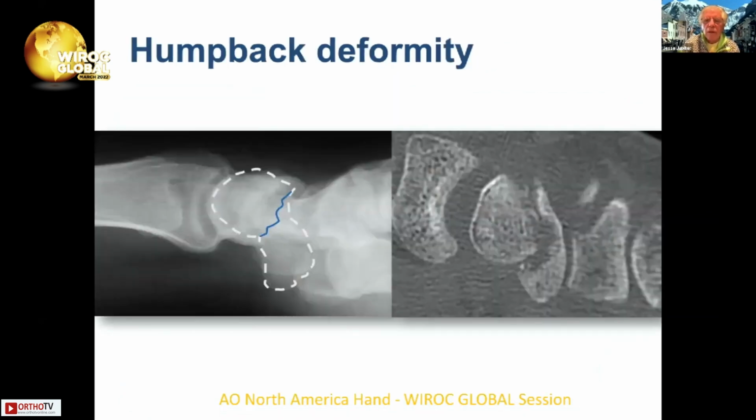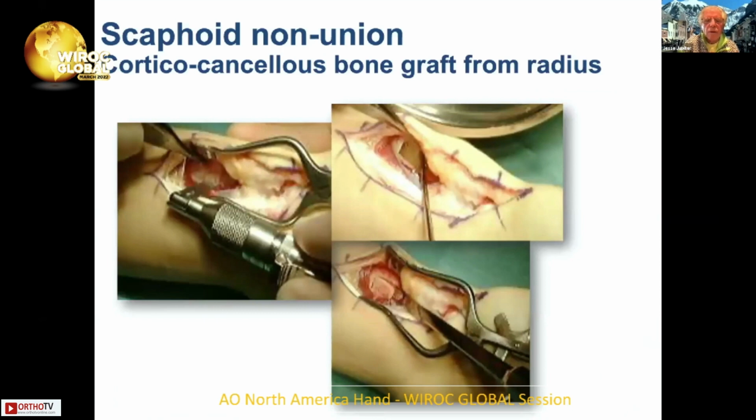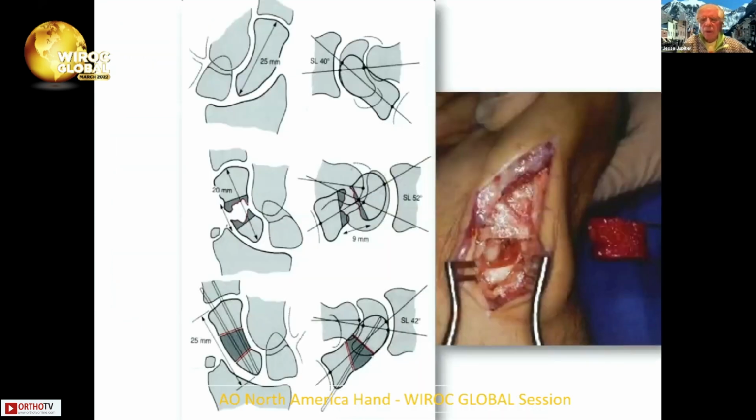So here's a volar type classic deformed non-union, and taking out the deformity and creating a space, as Kyle Bickel talked about, for the graft is paramount in getting length and stability.